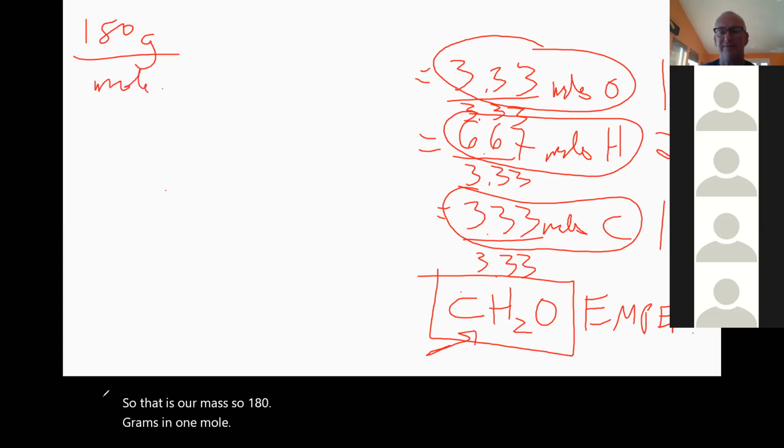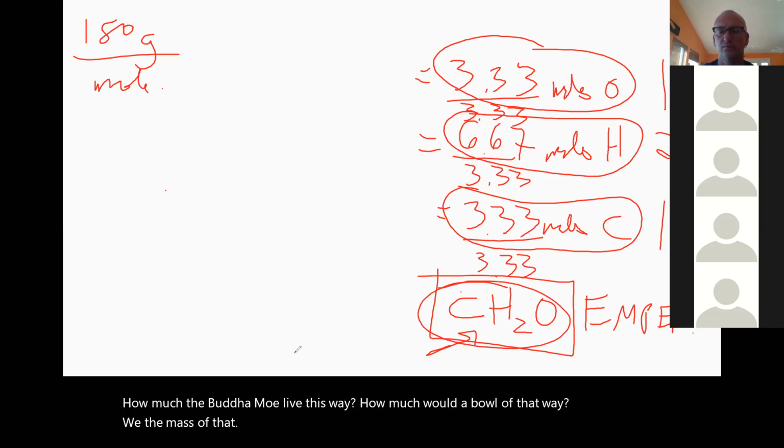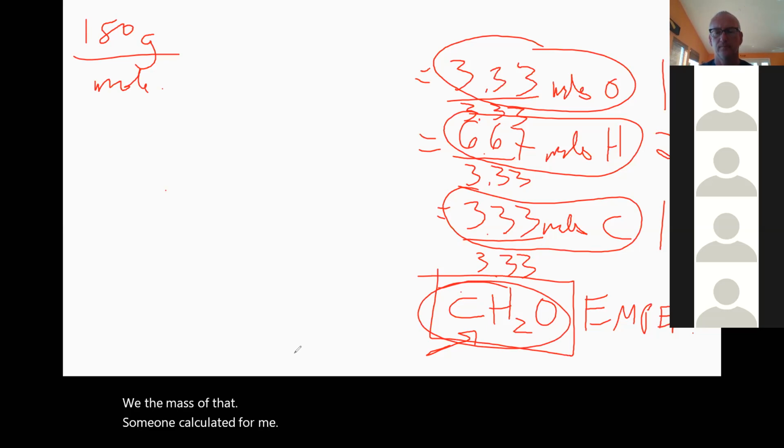How much would a mole of this weigh? Or what would be the mass of that? Someone want to calculate it for me? So you've got 1 carbon, 2 hydrogens, and 1 oxygen.